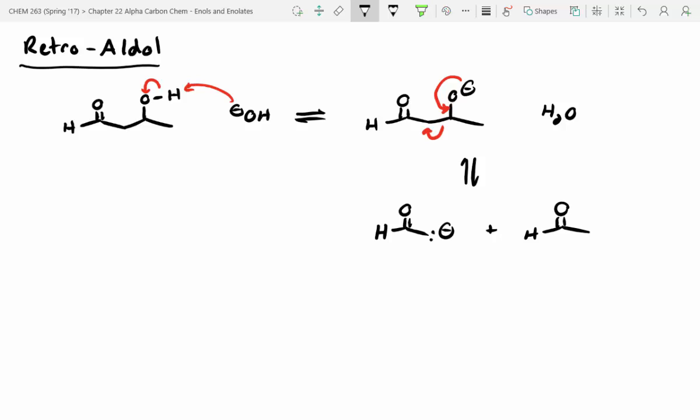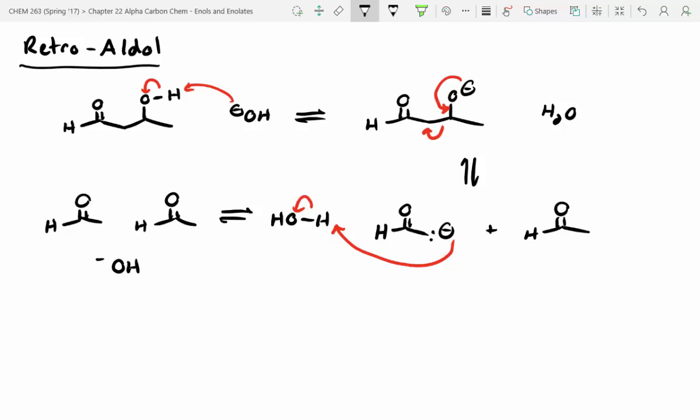And then, like we said before, you have this final proton transfer where you can end up with 2 equivalents of your starting material. Does that make sense?